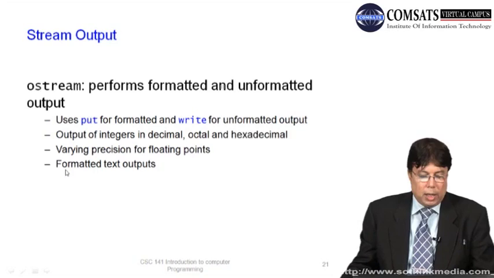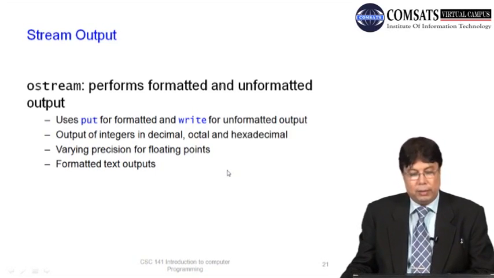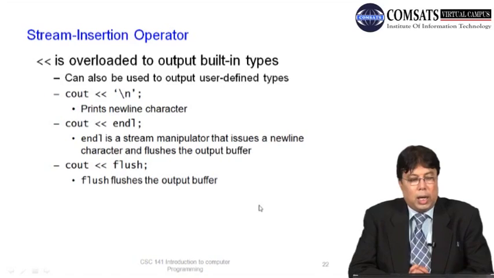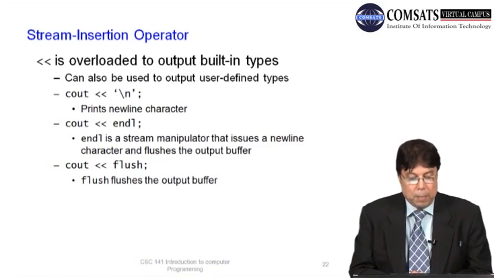Then we can have formatted text output, and we can control the format, which we have already done in the past in the filing system also. So, the stream insertion operator: we have already defined this left shift operator. We can define it as overloaded to output built-in types.